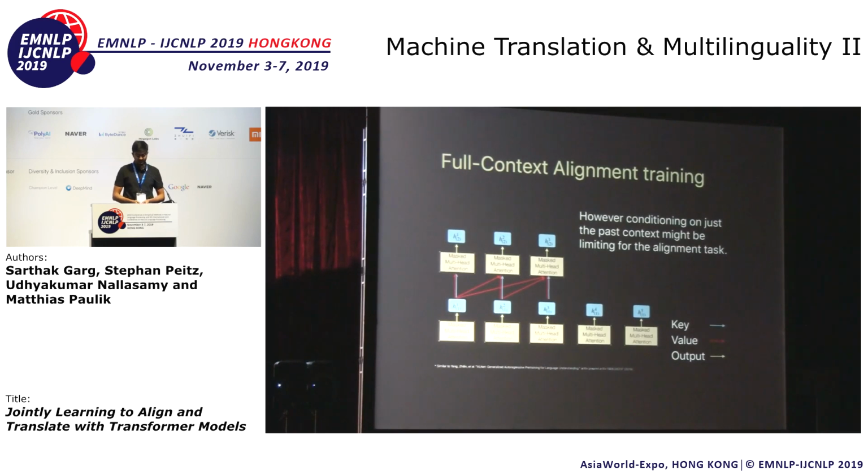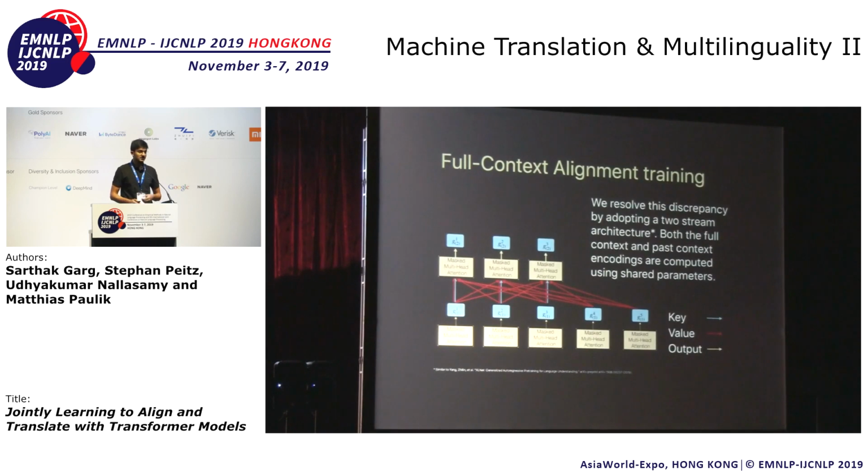In order to resolve this discrepancy, we compute two sets of representations simultaneously. One is the H set of representations shown here, which is computed in the normal way with only the past context. Using the same shared parameters, we compute another set of representations, G, which removes this masking and allows attending to the representations of all the tokens.